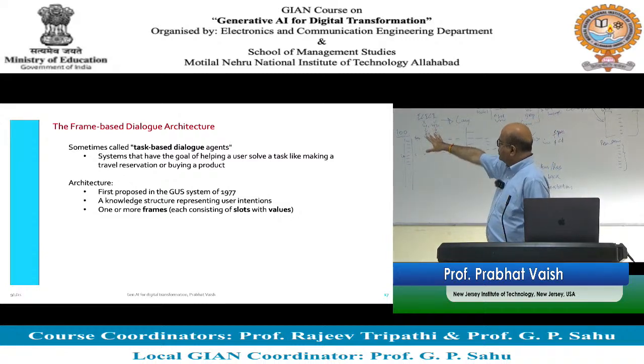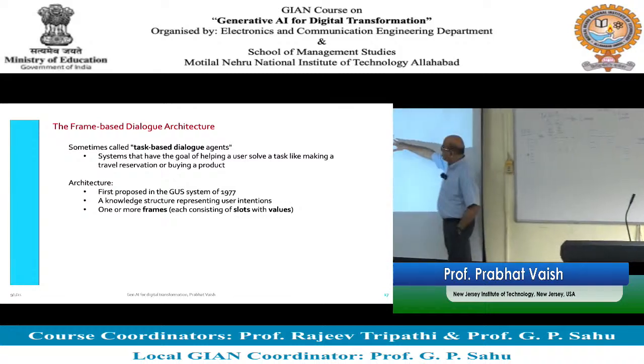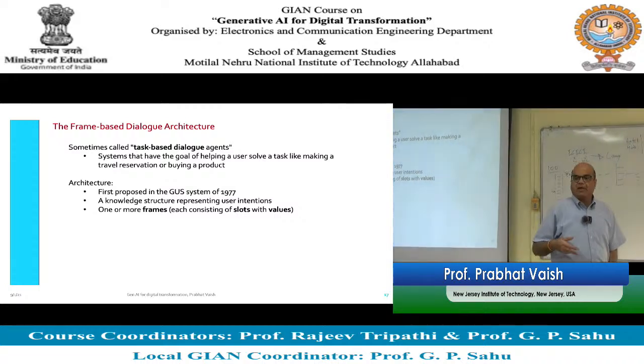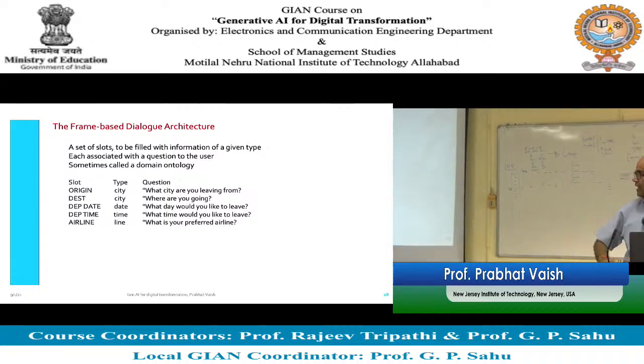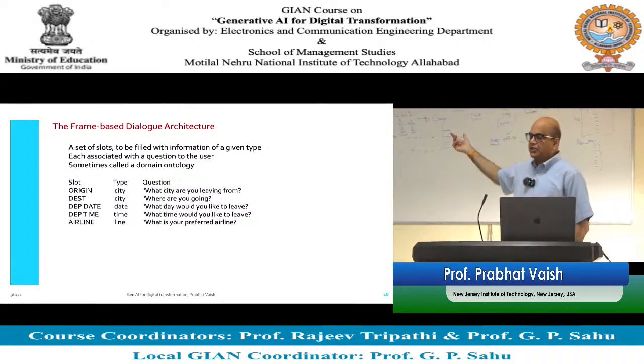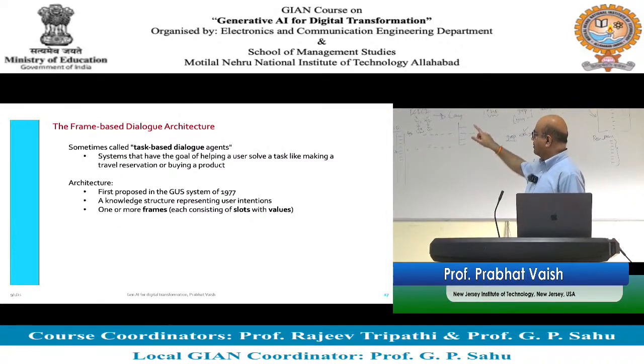So generally, this architecture will look like this: you have a data structure, an information structure, which is trying to capture user intention. The user intention is driven by whatever the goal is. So for example, this is what our goal was, and this is what the capture of the intention will look like. How do you capture the intention?